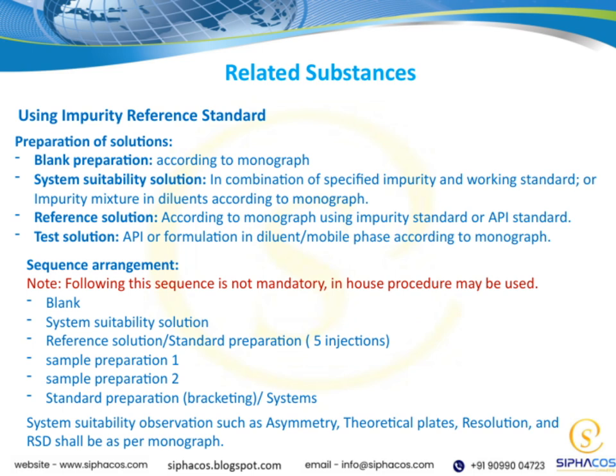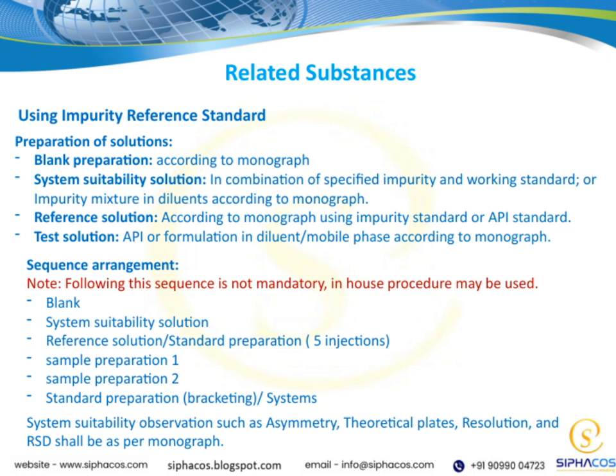First, we have a blank, which helps us identify any background interference. Next, we prepare the system suitability solution, which often involves combining specified impurities with a working standard or creating an impurity mixture in diluents, all following the monograph. Then, we prepare the reference solution or standard, again according to the monograph, using either impurity standards or the active pharmaceutical ingredient, the API.